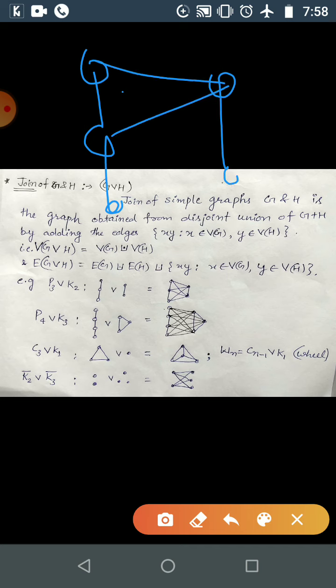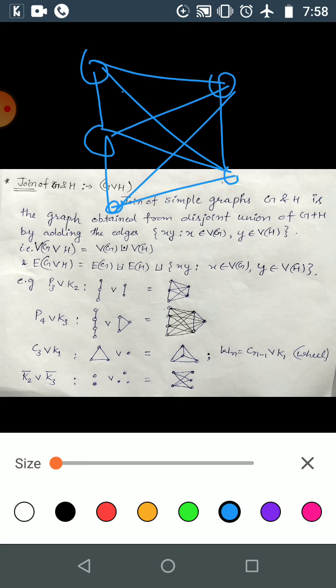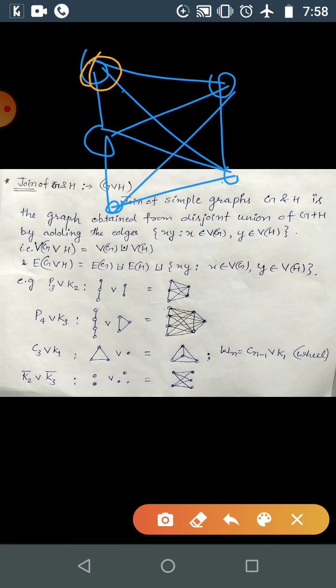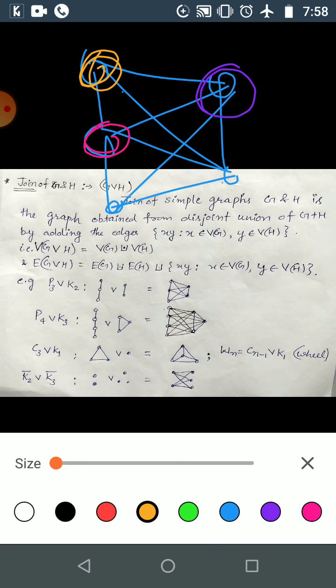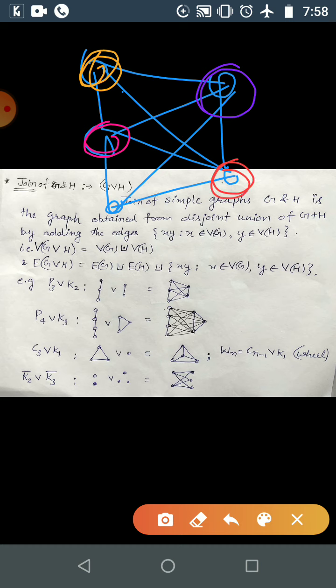So it was this one. You can use one color for this vertex, another color for this vertex because this is adjacent, another color for this one because this is adjacent with both, and another color for this vertex because this is adjacent with every other.